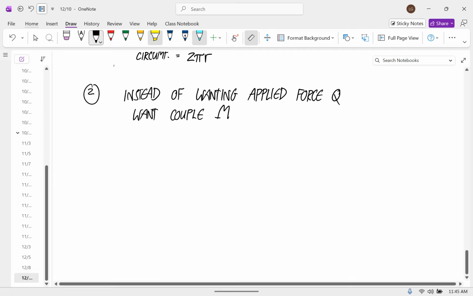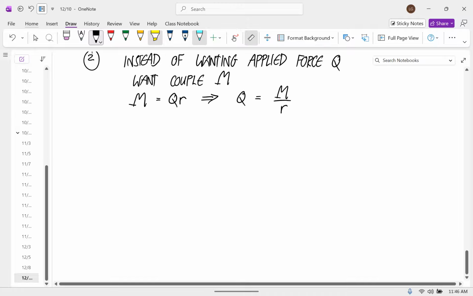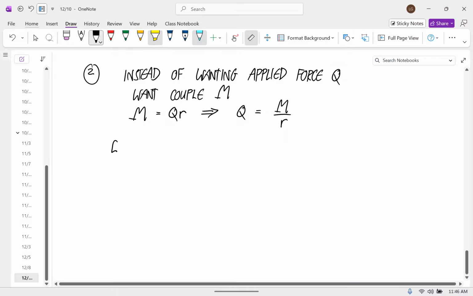And so the relationship is that that moment is going to be equal to this imaginary Q times the moment arm of this Q, which is the radius of that screw. And so if you want to use that variable M, you can think of this force Q as just equal to M divided by the radius of the screw. Okay, so now we have the kind of problem that, yes?